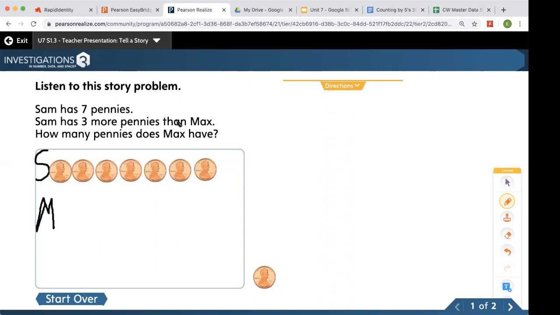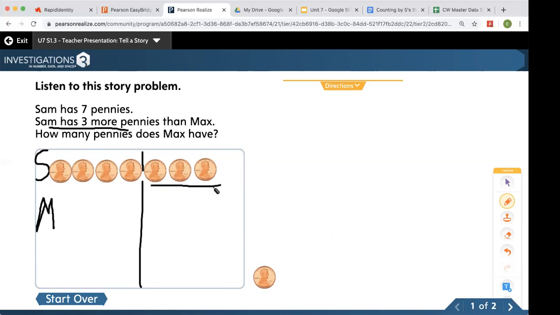So if Sam has 3 more than Max, I'm going to start up here at Sam's. I'm going to count back 3. So 1, 2, 3. I'm going to draw a line here. This represents the 3 more that Sam has.